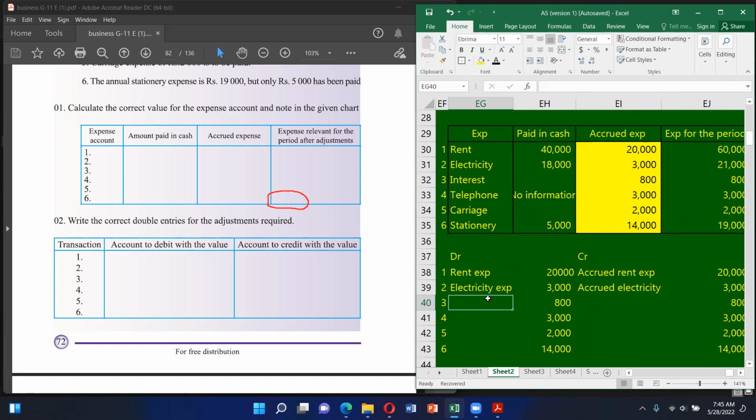Third, interest expense, accrued expense. Telephone expense, accrued. Carriage expense, accrued. Stationery expense.